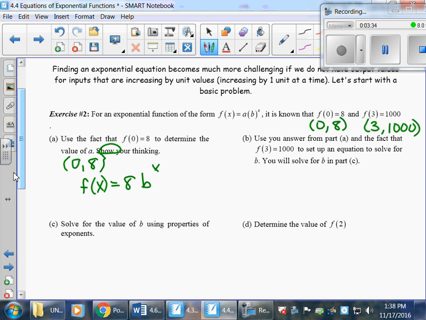You can spend some time talking about that because it is asking to show your thinking. If worse comes to worse, you can explain your thinking a little bit, but I don't think there's an awful lot to show there. B says use your answer from part A and the fact that f of 3 is 1,000 to set up an equation to solve for b. So you can solve for b in part C.